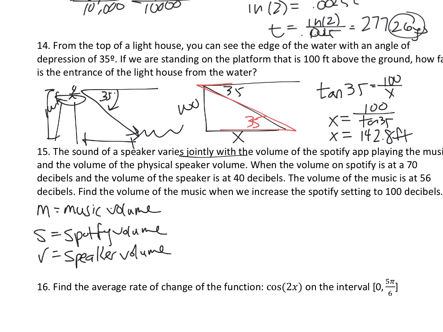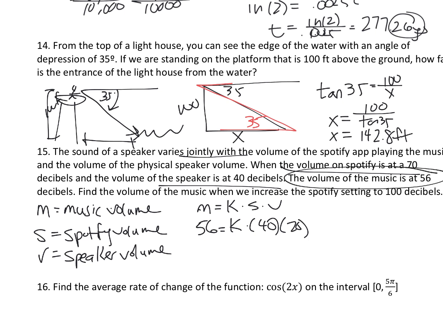So remember that nowadays we can control music through a speaker on a Spotify and on their speaker app. And when I control one or the other, it modifies the music volume. So M equals K times S times V. So we get 56 is K times 40 times 70, because it says when the Spotify volume and the volume of the speaker is 40 and 70, the music volume is 56.